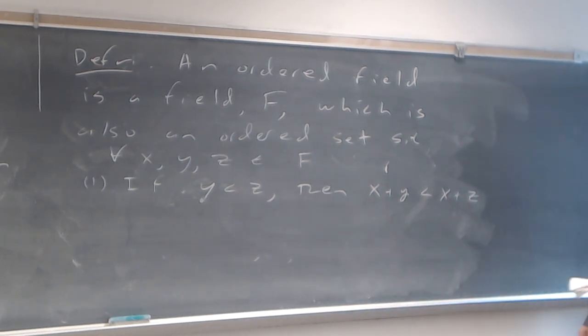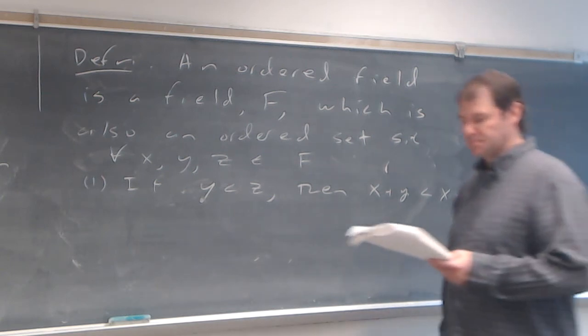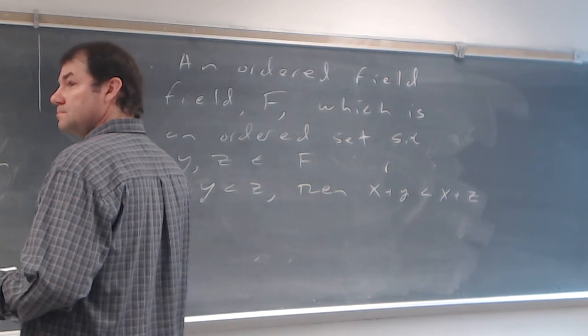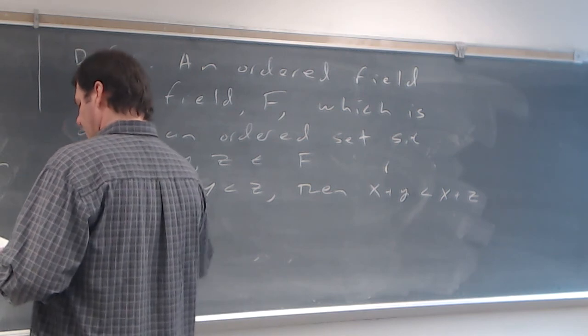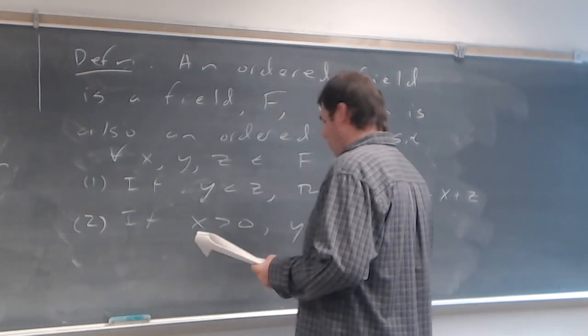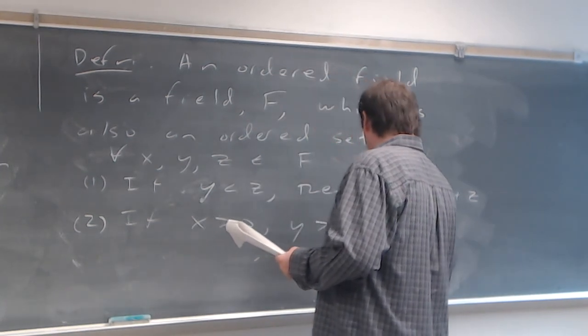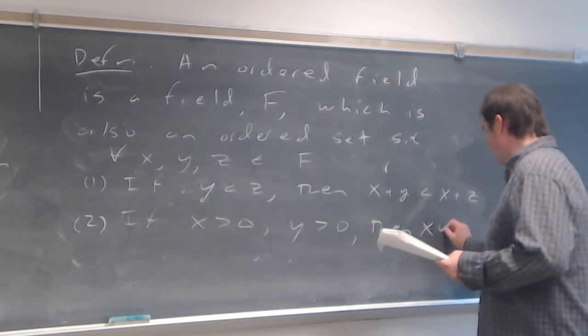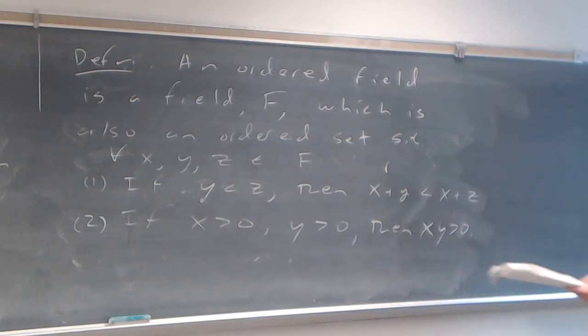So if you add the same thing to both sides of the order, it still maintains the order. And then part two, if x is greater than 0 and y is greater than 0, then x times y is greater than 0.